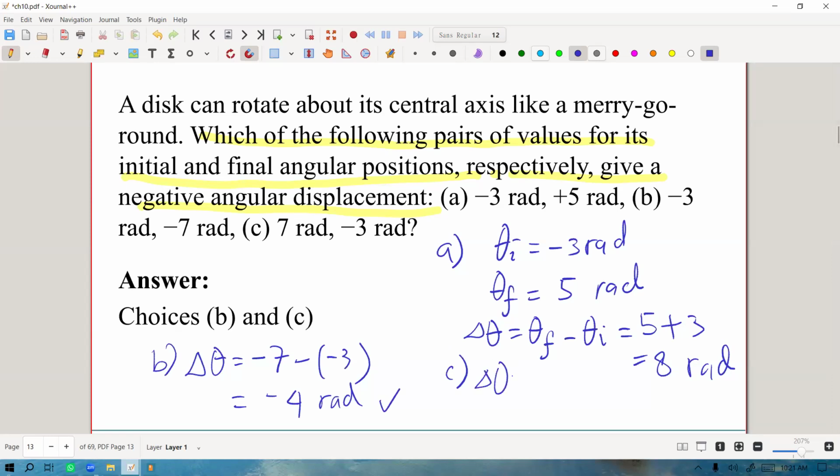Delta theta is, sorry, I mean minus 3 minus 7. So minus 10 radians. So here negative. So the negative ones are point C and point B, right? So these are the negative angular displacements.